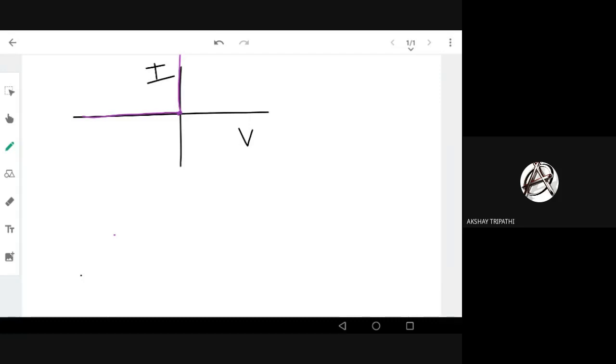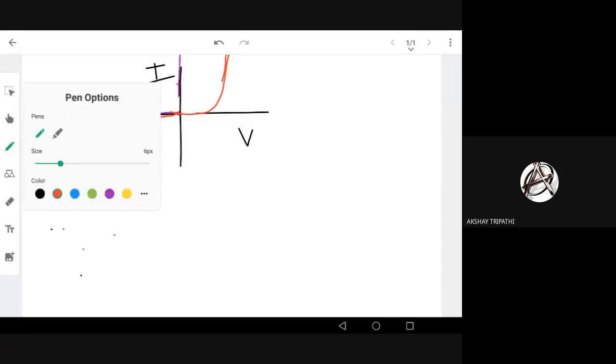But in practical case, we have discussed the diode graph is actually something like this. There is a reverse saturation current and something like this. Not exactly like this. It will be having a knee voltage. There's some voltage after which only the diode will start conducting. So this voltage is called knee voltage.